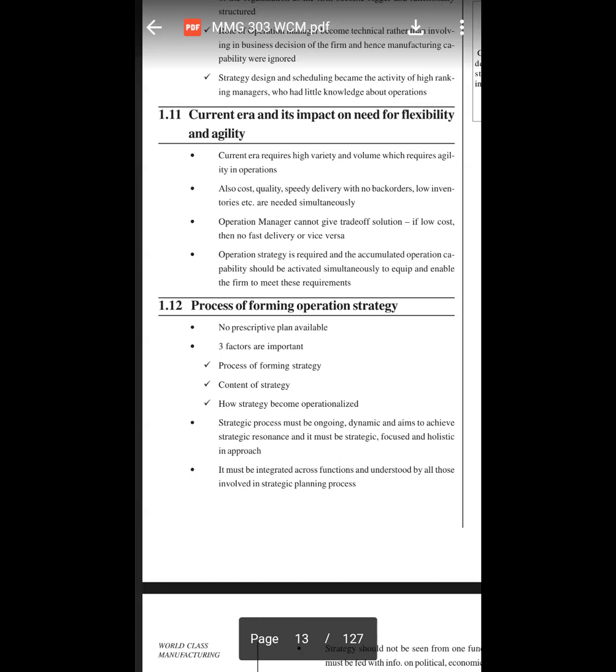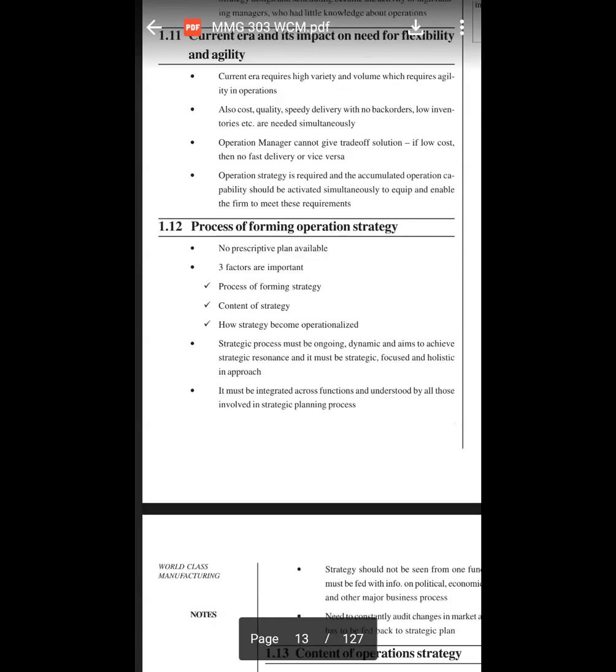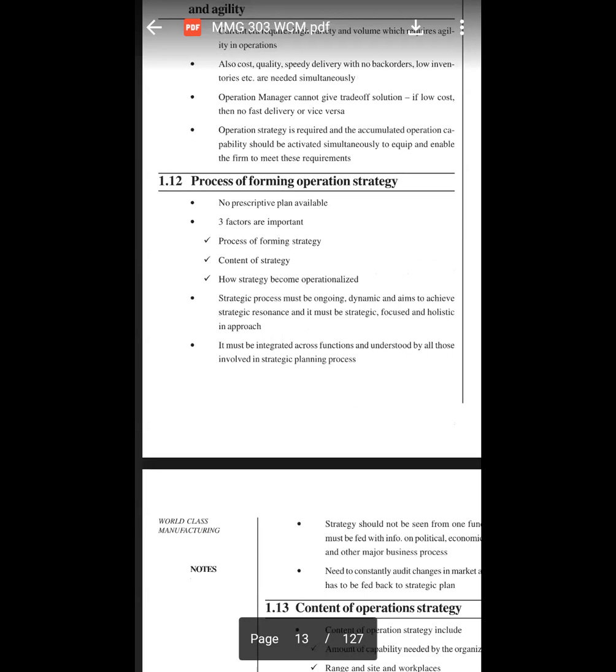Okay, then the process of forming the operational strategy. There are three important factors: the process of forming strategy, the content of strategy, and how strategy becomes operationalized.